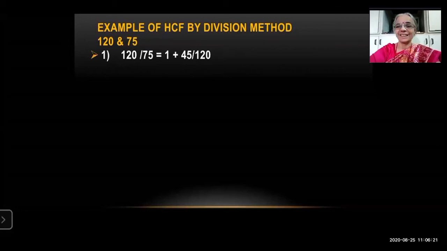Subtract 75 from 120 and you get remainder 45. Correct? You get remainder 45. So 120 divided by 75, remainder is 45. Now what we need to do?